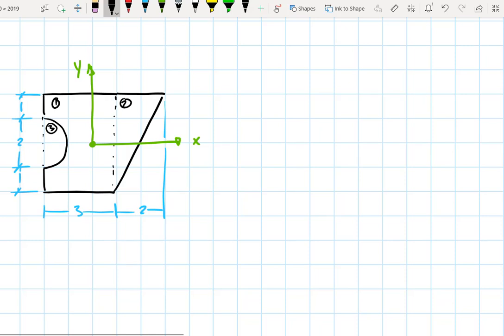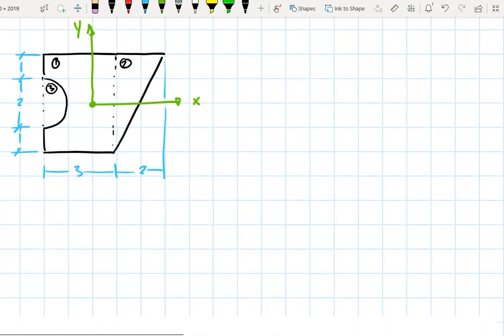More better. Oh, the part numbers. Yeah, I put the rectangle as 1, the triangle as 2, and the half circle as 3. So in fact, let's do that over here. Actually, let's do it underneath it so that we don't run out of room. 1 is the rectangle, and this is why I sometimes draw the little pictures. 2 is this triangle, and 3 is this little negative half circle.